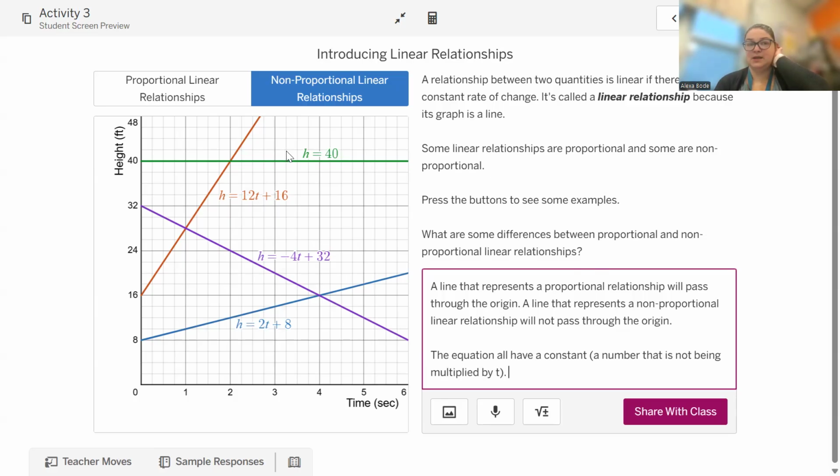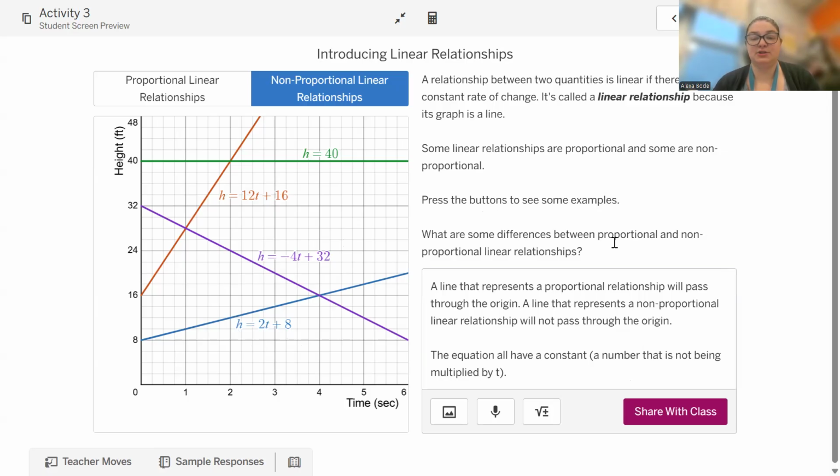Okay, so in the green one, it's just h equals 40. There is no t there. The red one is 12t plus 16. That 16 is our constant. The purple one, we have h equals negative 4t plus 32. That 32 is our constant. And the blue line, h equals 2t plus 8. That 8 is our constant.